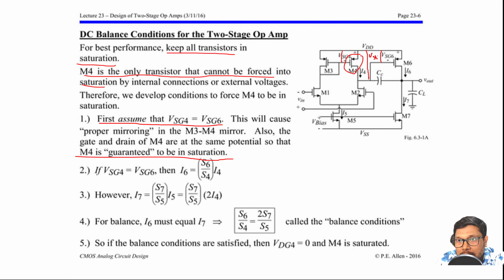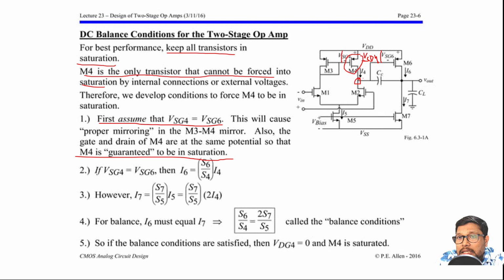So this voltage VSG6 is also VSD4. If VSD4 equals VSG4, then M4 is in saturation. So if this VSD4 is VSG6, then we can say that M4 is in saturation.